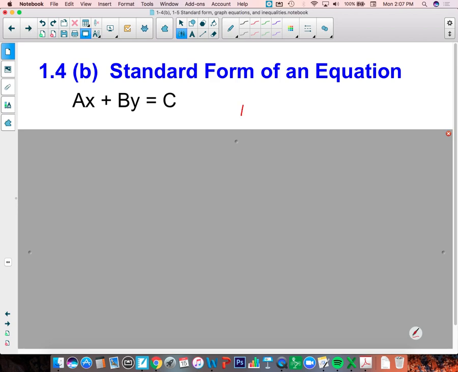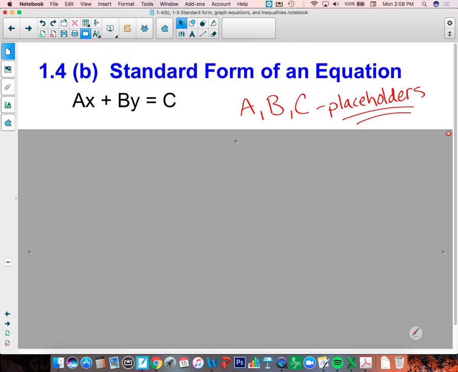Whenever you see letters in succession like that, a, b, c, d, e, f, g, those are just placeholders. So you're not actually solving for one of those. Whatever number falls in that place, that's the number for a, that's the number for b, that's the number for c. That's a common mistake.